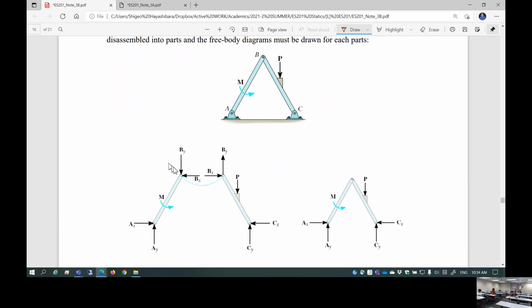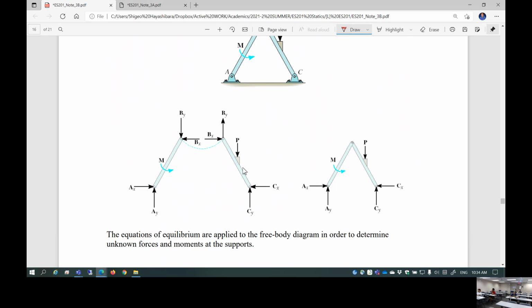This has 1, 2, 3, 4 unknown force reactions. Obviously, if you apply the equations of equilibrium for this member, this is way too many unknowns. You can't solve it. But on the other member, if you disassemble B and C, you also introduce 4 unknowns. But those two are equal and opposite, okay?